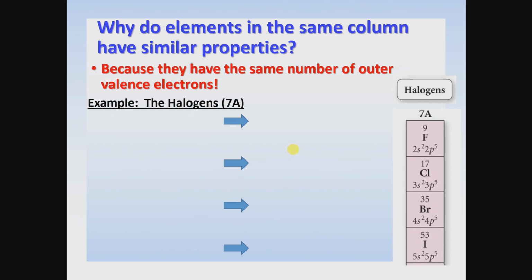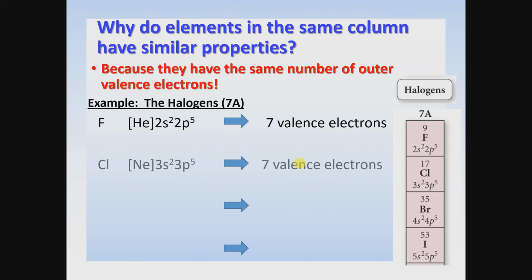The basic reason is that all these elements have the same disposition of electrons in their highest energy levels, meaning the same number of electrons in their highest energy levels, so they have similar reactivities. Let's go over this example. With fluorine, the highest energy level electrons are in the second energy level, and there are a total of 7 highest energy level electrons, the 7 valence electrons.